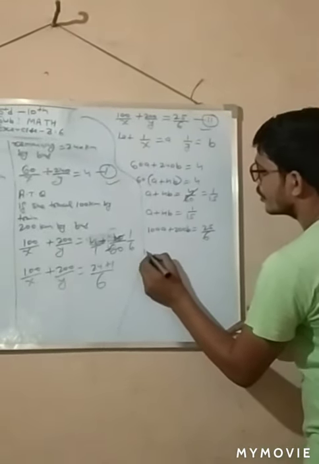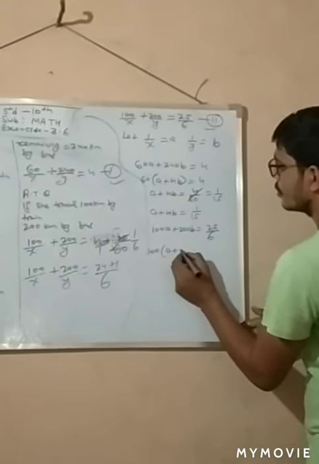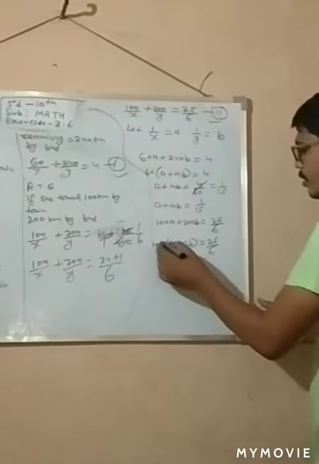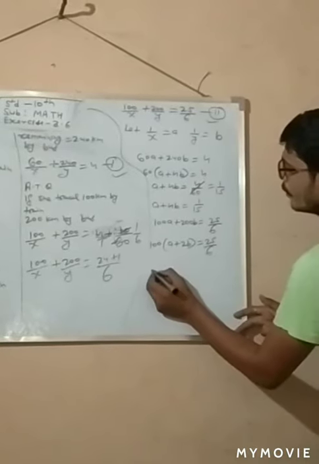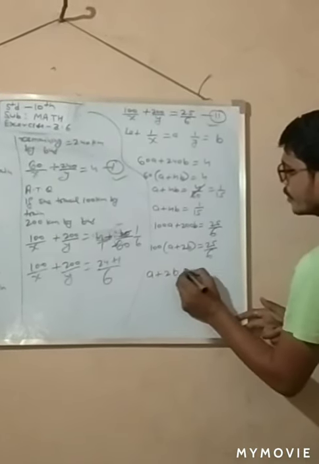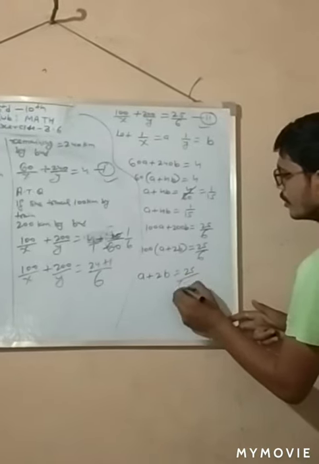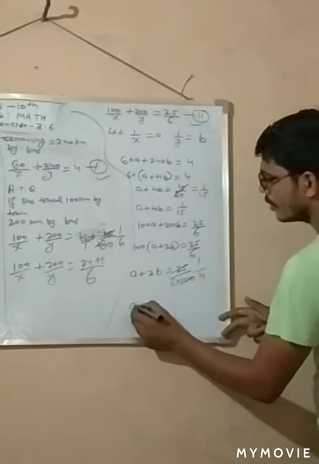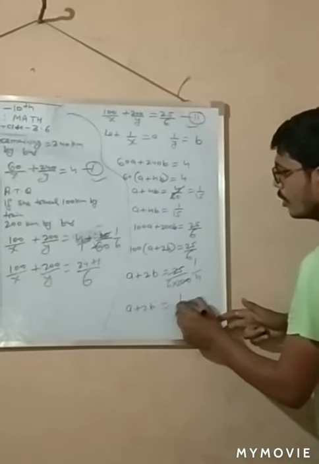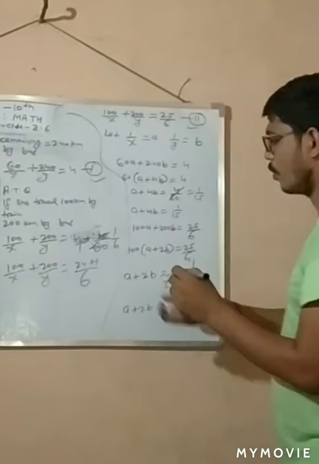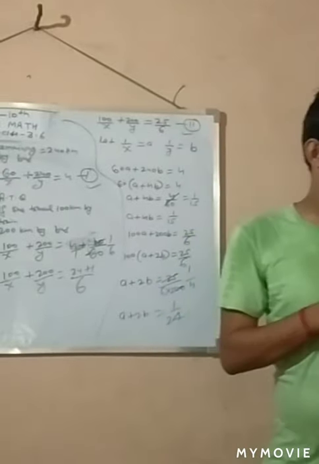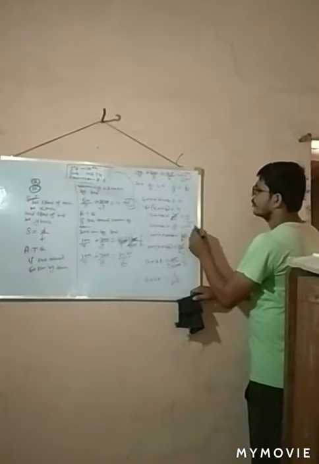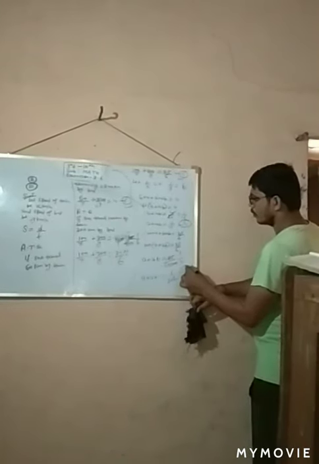Now 100 common. a plus 2b is equal to 25 upon 6. Now here is the multiply. Transferred to right side it will become divide. So we can write a plus 2b is 25 upon 6 into 100, which means a plus 2b is equal to 1 by 24. On solving the equations we get equation 3 and equation 4.